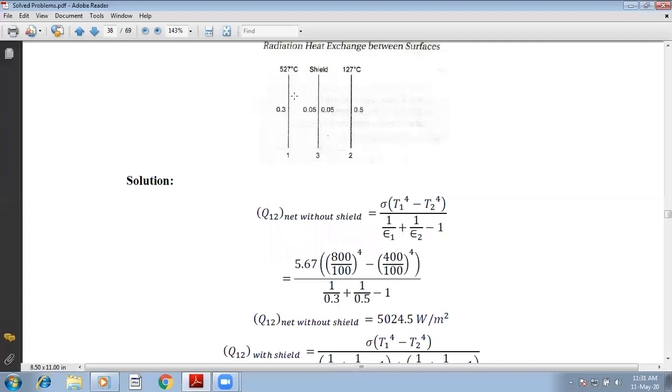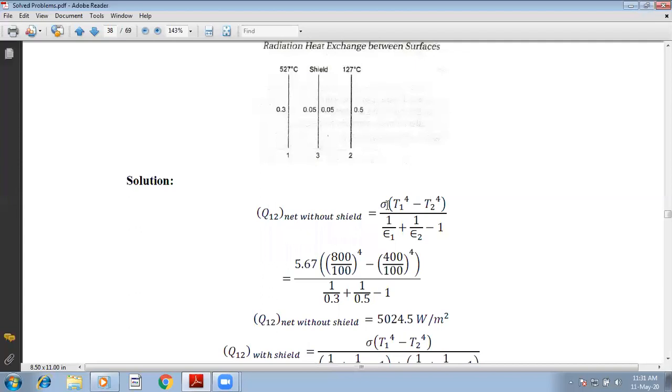Q12, which means heat transfer from surface 1 to surface 2, equals sigma, and you can consider the area to be 1 if not given.